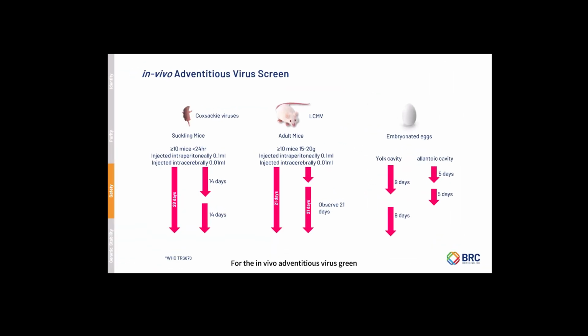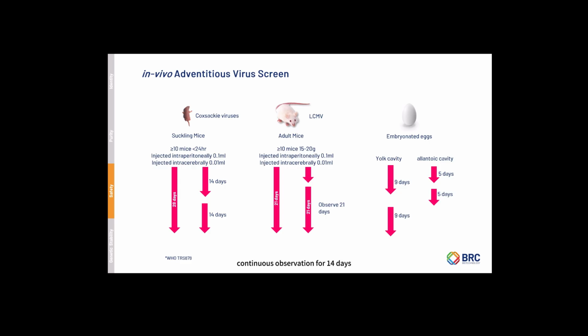For the in vivo adventitious viral screen, 3 model animals are used, including suckling mice, adult mice, and embryonated eggs. For suckling mice, the test articles are injected into 10 suckling mice each. After 14 days of observation, the liver, lung, kidney, and heart tissue homogenate will be injected into 5 mice.